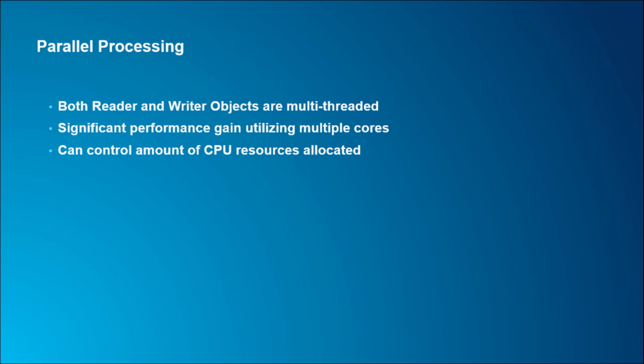You've got a lot of I/O going on there simultaneously. And we don't have that kind of issue with the way that we've done the multi-threaded support here with our objects.